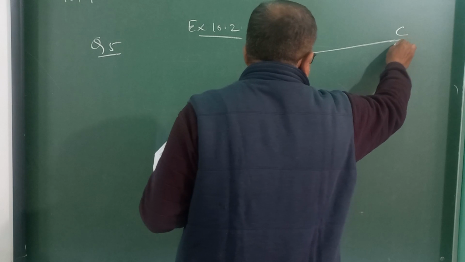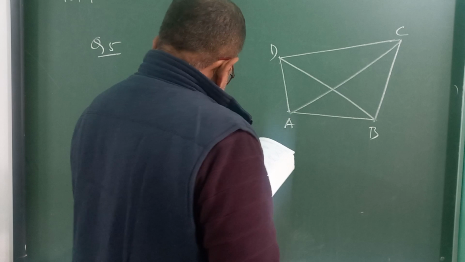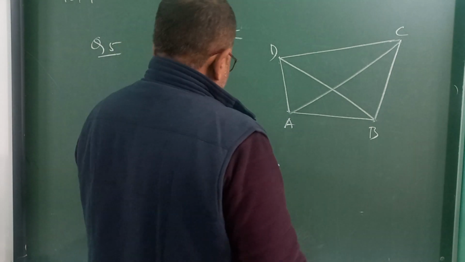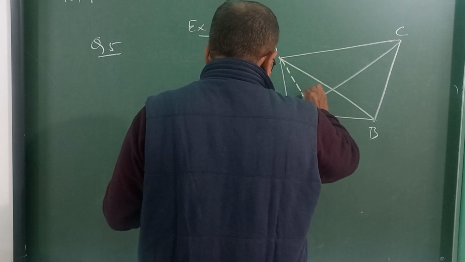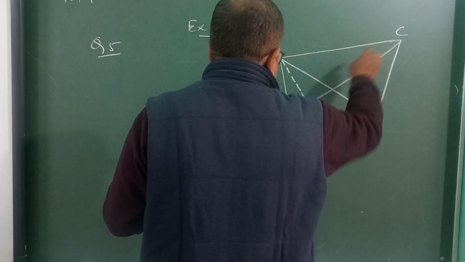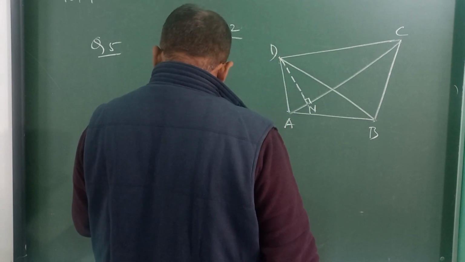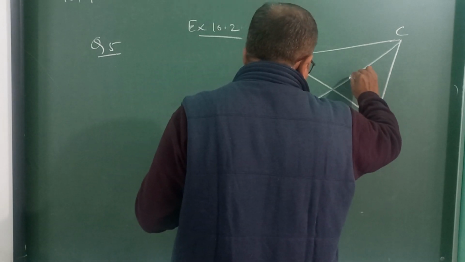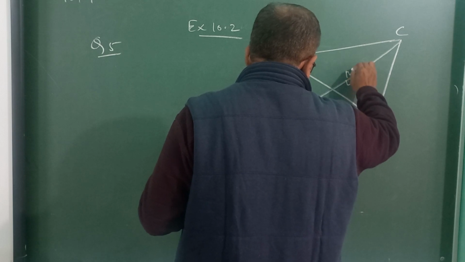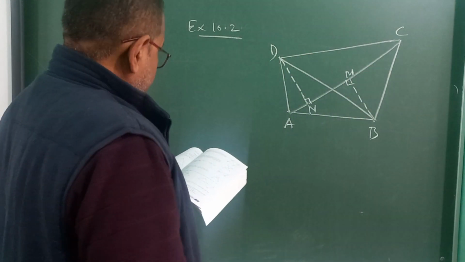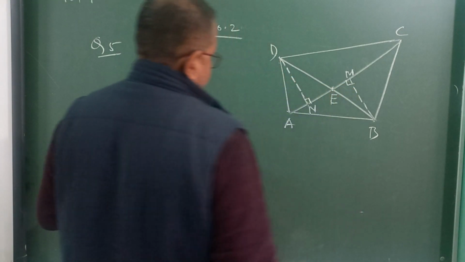AC is one diagonal, BD is another diagonal. From D, draw a perpendicular on the diagonal AC, name it DN. And from B, draw a perpendicular on the diagonal AC, name it M. The intersection of both diagonals is the point E.